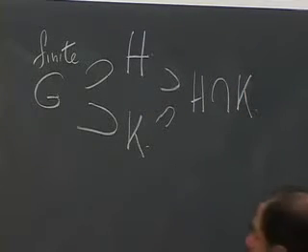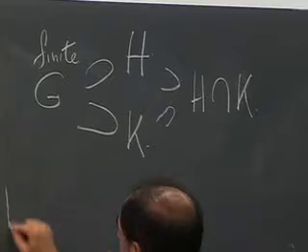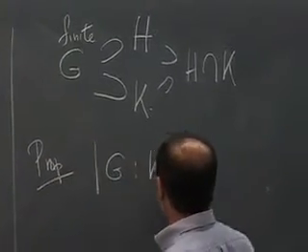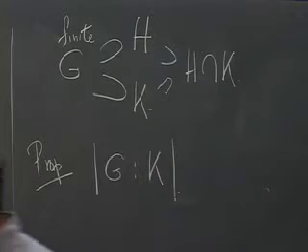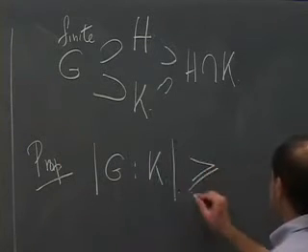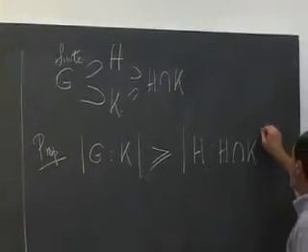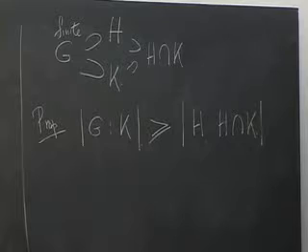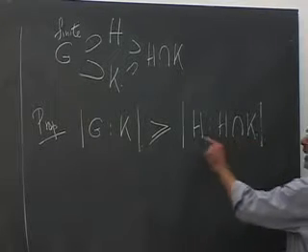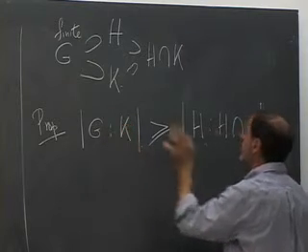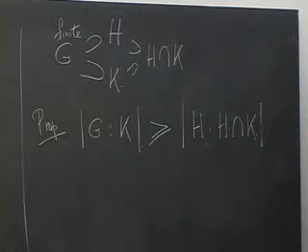So I'm going to prove for you, then, a proposition: the index of K in G, that index is greater than or equal to the index of H intersect K in H, for any subgroups H and K. So we view H intersect K as a subgroup of H and K as a subgroup of G. This index is always greater than or equal to that index.